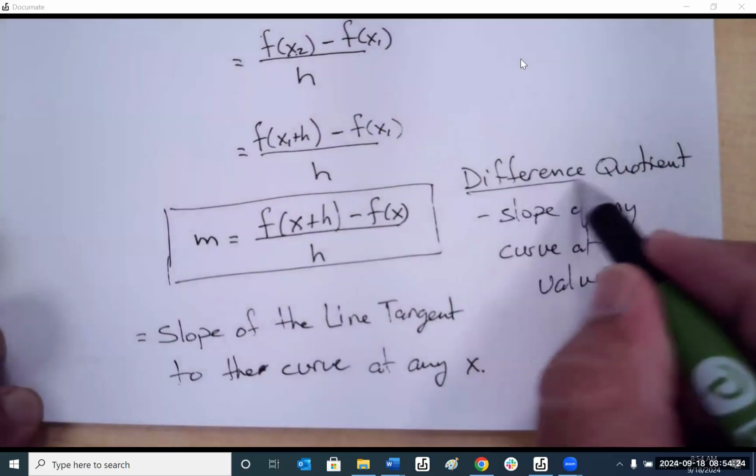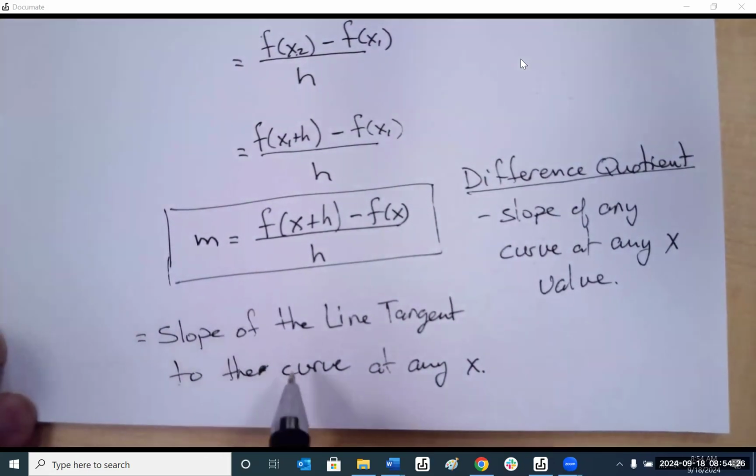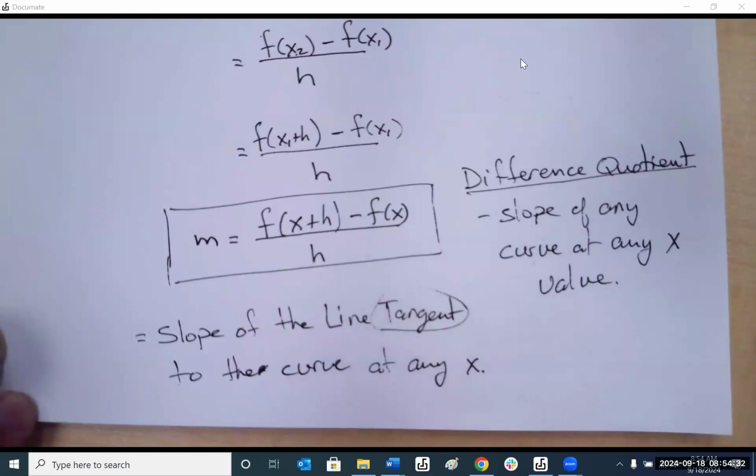So the difference quotient is actually this: it's the slope of the line tangent to the curve at any x. We used a new word here, tangent.